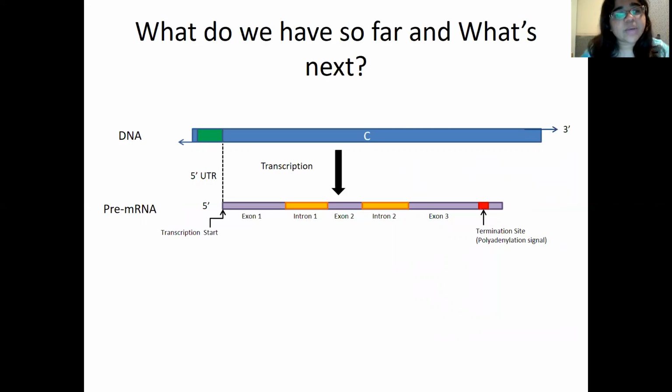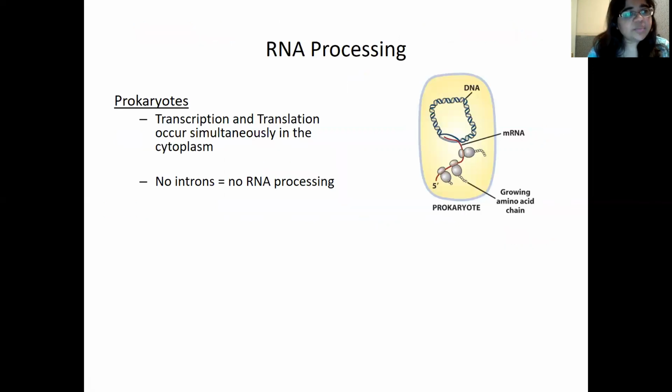So they needed something to take out all of these non-coding sections, so you need these guys out in order to properly make the right protein. So we have the pre-mRNA. The way that they would get it going is to actually process the pre-mRNA. And we call that process RNA processing.